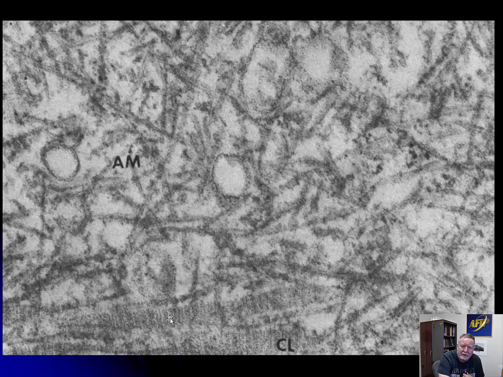With this being the width of one of the collagen fibers, we see the periodicity. Amyloid does not have a periodicity. And if you're looking for the beta pleated sheet effect, you're not going to see it on EM. Okay? That's with some other form of viewing, spectroscopy or something else that I've never used in my life.